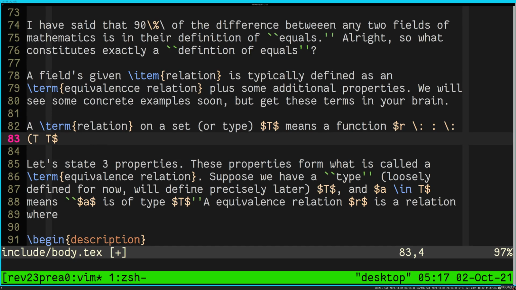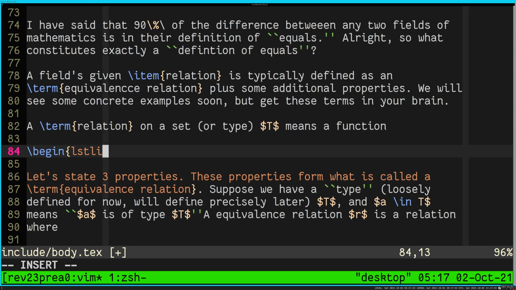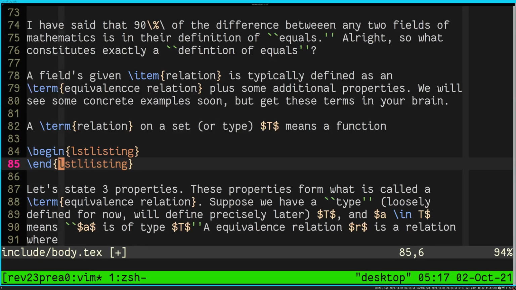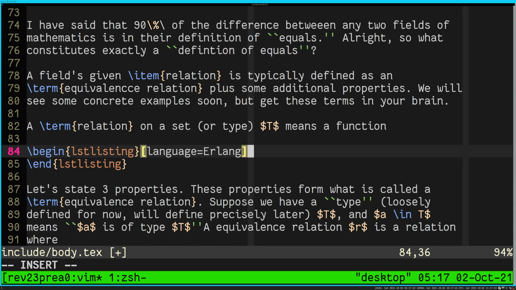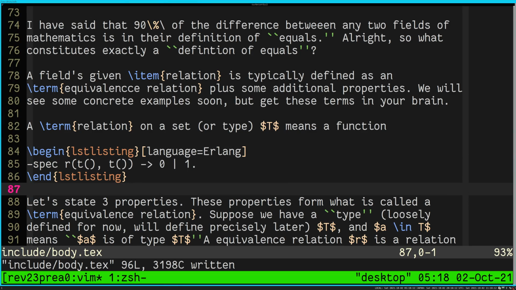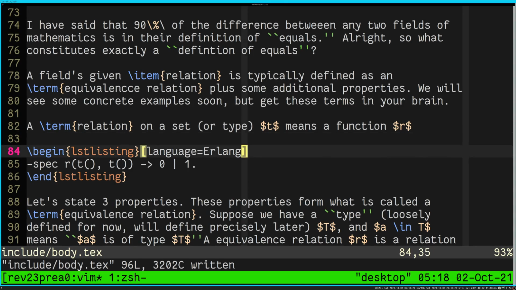Begin listing. Spec R of T, T, 0 1. A term relation on a set or type T means a function.